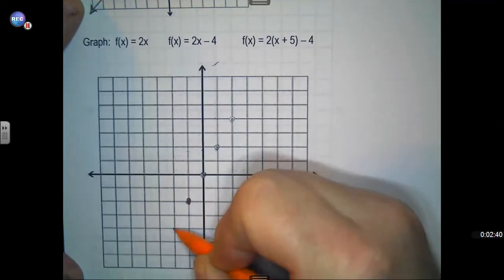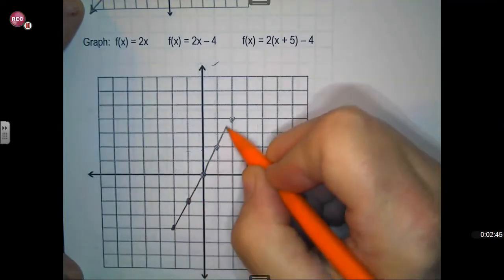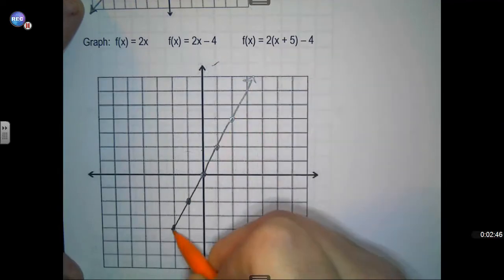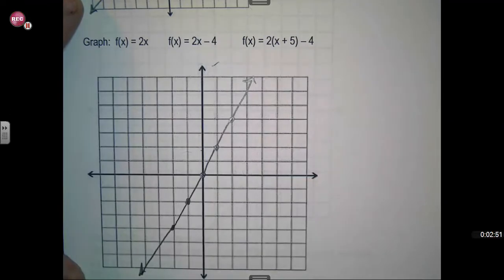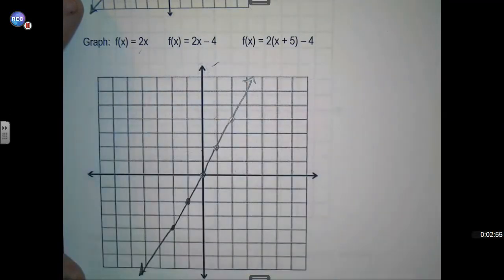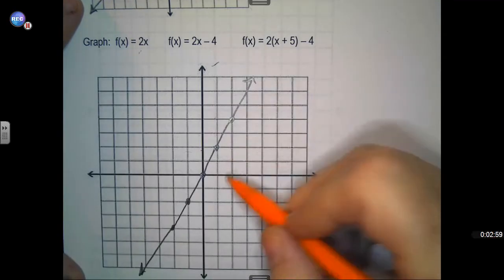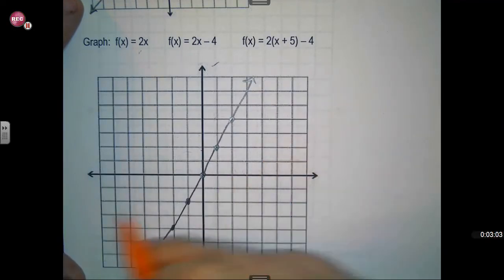Notice that the 2 made the graph steeper. Putting a fraction in there would have made it flatter. Think, if the slope was 1/4, I would have risen 1 and run 4, so it would have been a much flatter line.